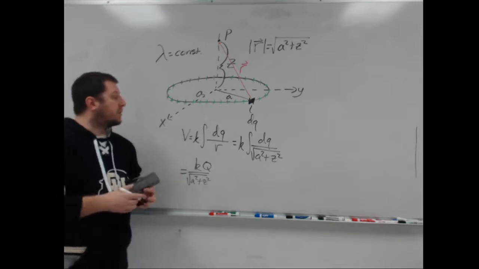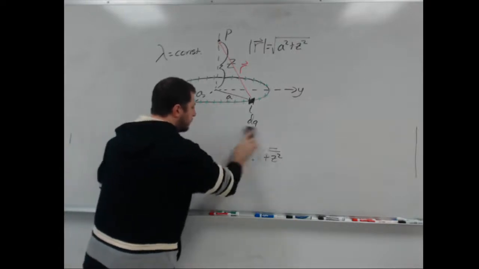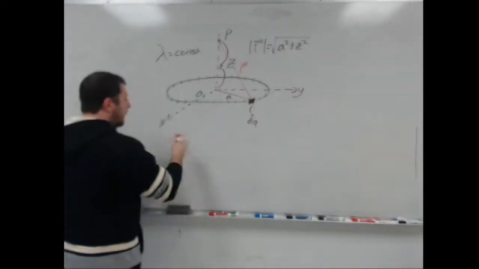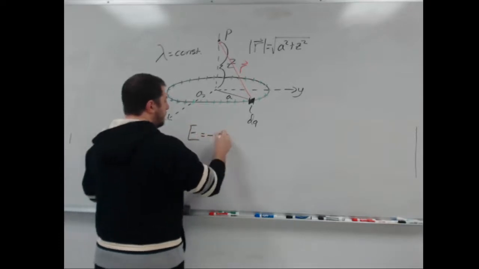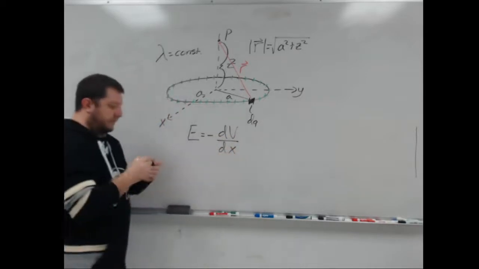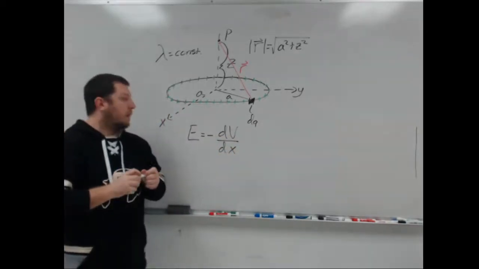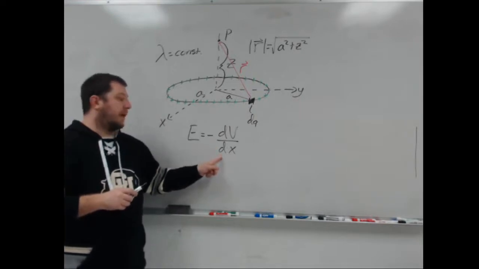Okay, and so mathematically what that means is E is equal to the negative derivative of potential, but this is only for one dimension, okay?